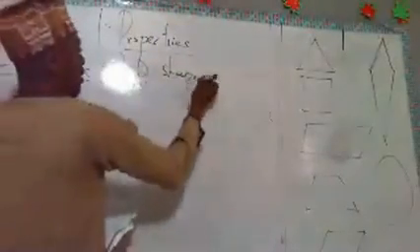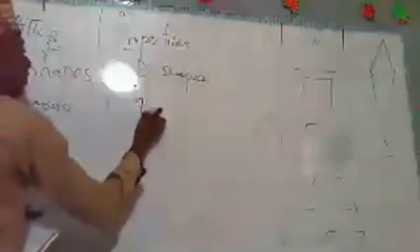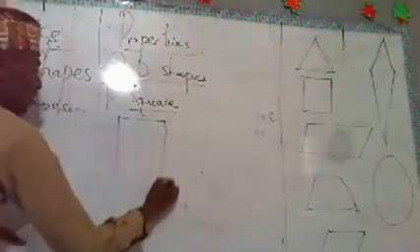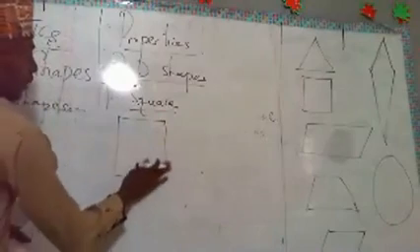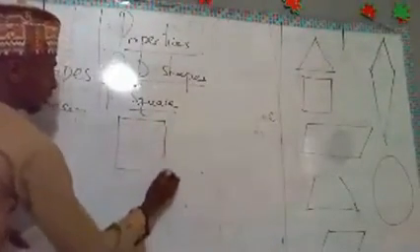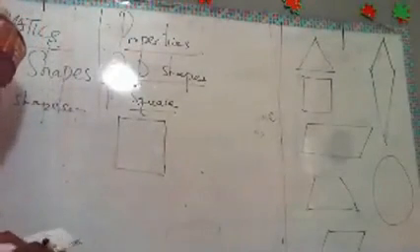It's still the same thing. So 2D shapes. The first one we are taking is the square. This is a square, for example. I don't want it to look like a rectangle. It's a square. Don't mind my sketching.